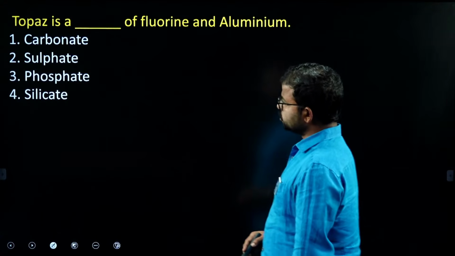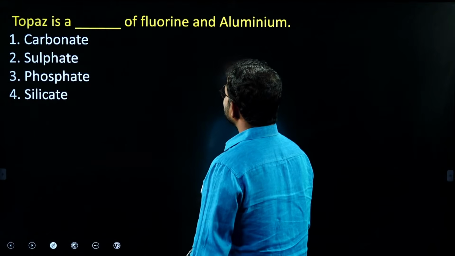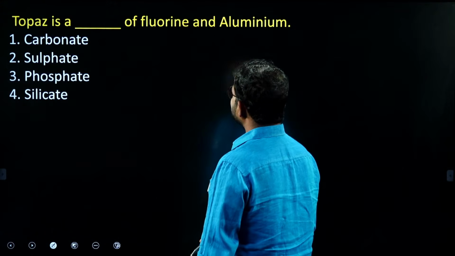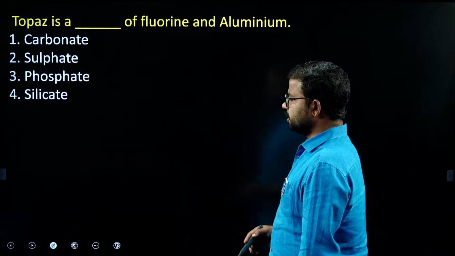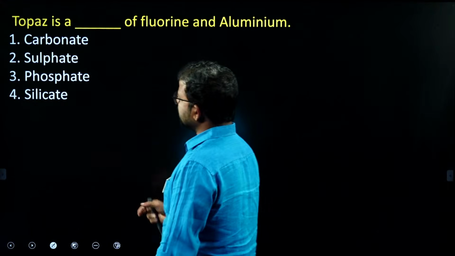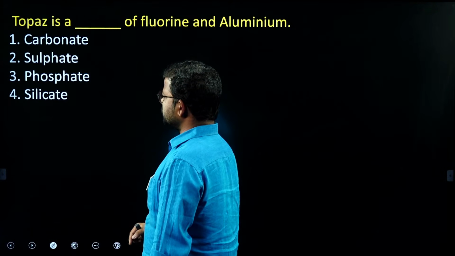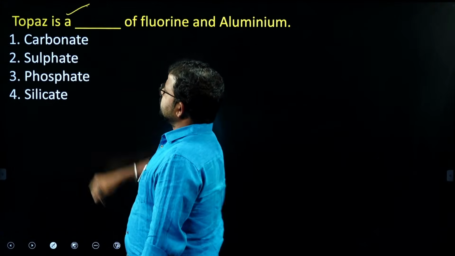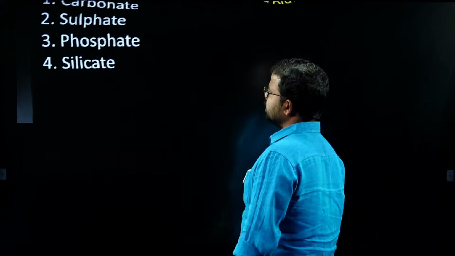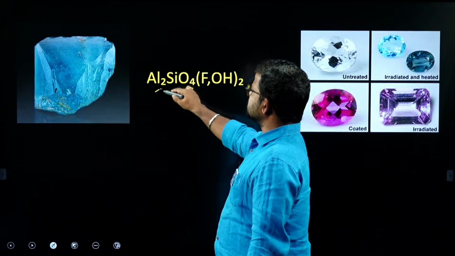Next one: topaz is a dash of fluorine and aluminum. Here they mentioned one of the minerals: carbonate, sulfonate, next phosphate, next silicate. So topaz is an aluminum silicate derivative.